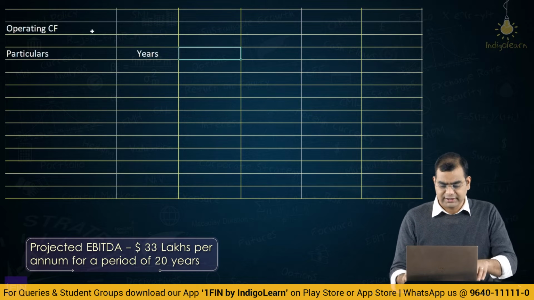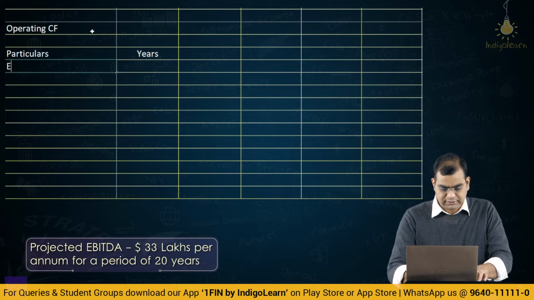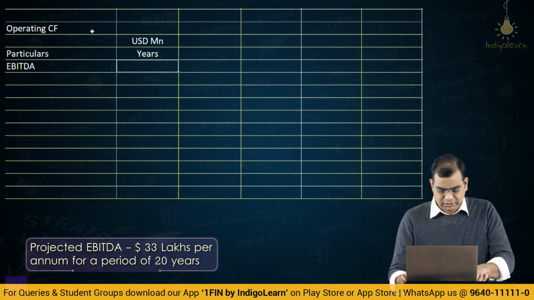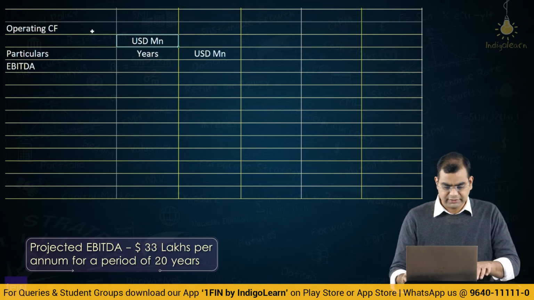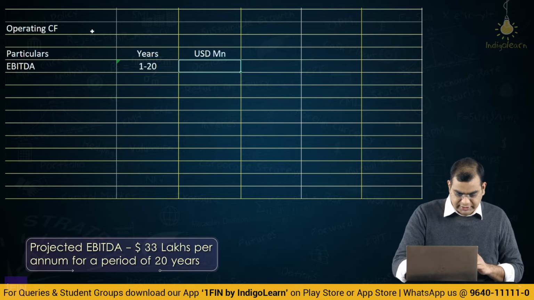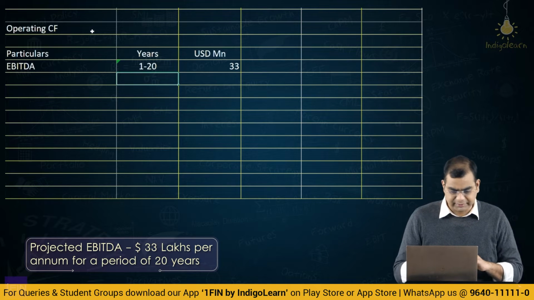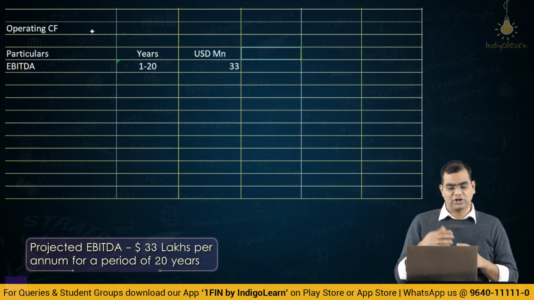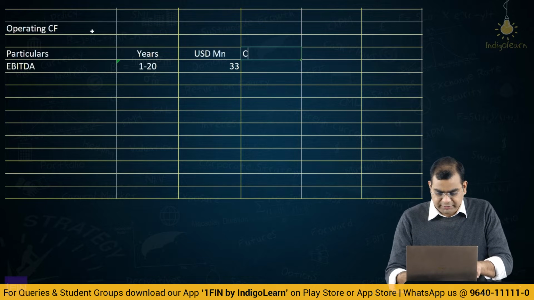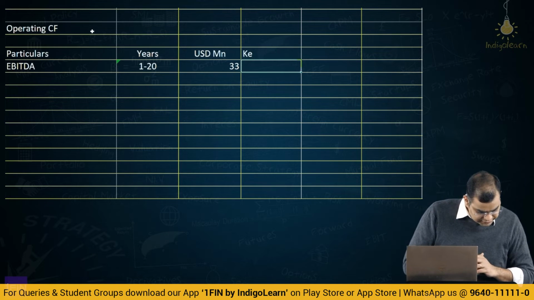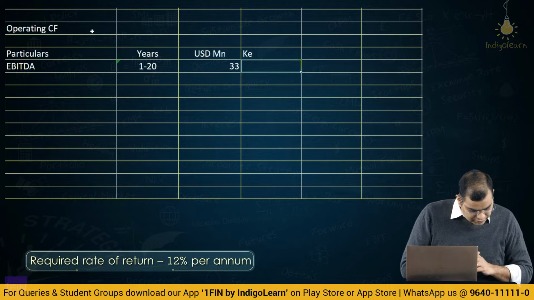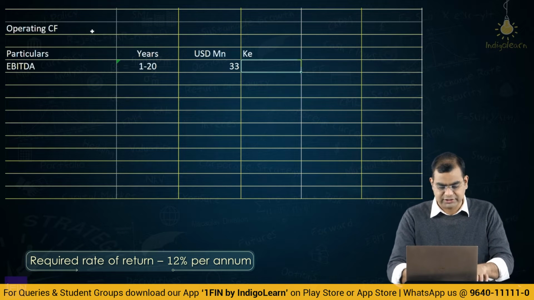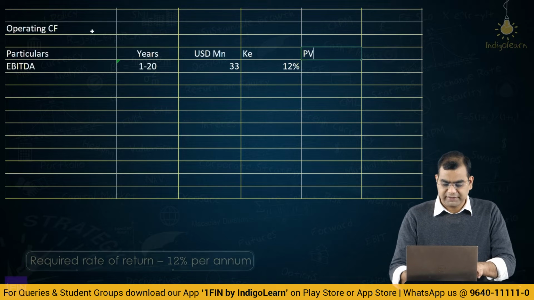Directly they have given EBITDA, in USD million. EBITDA for years 1 to 20 is 33 million per year. If you take the present value factor, mind you, this has to be discounted at the cost of equity, let me call it KE. They have given the cost of equity under all equity financing as 12%.